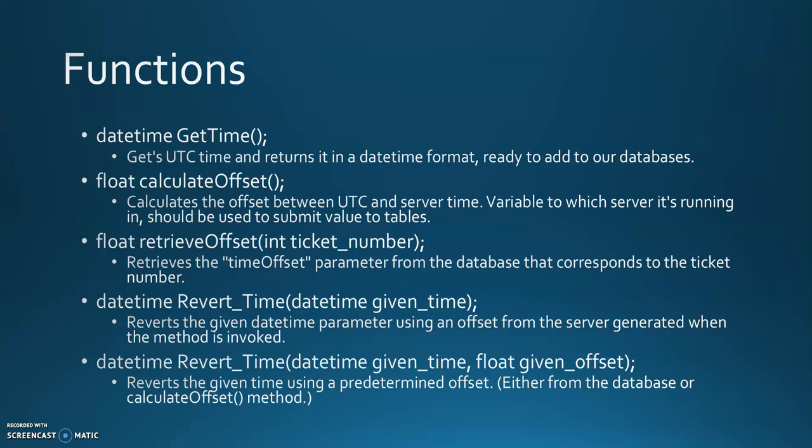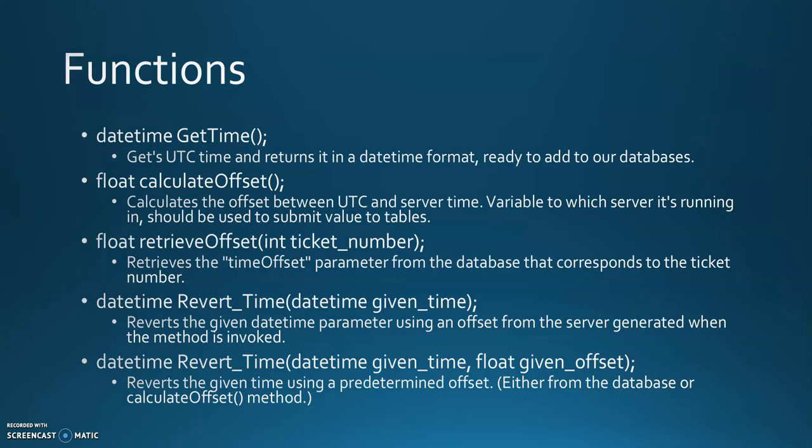That offset is generated when this method is invoked, and it's useful for people who are just working within the same instance. They don't want to store that time, as opposed to the next method, which is revert time but with 2 parameters, and you give it the time you want to revert, and then you give it the offset, which can be retrieved from the database itself.